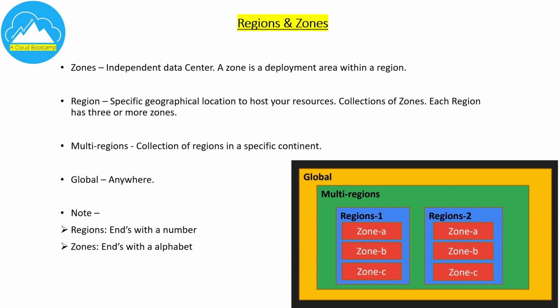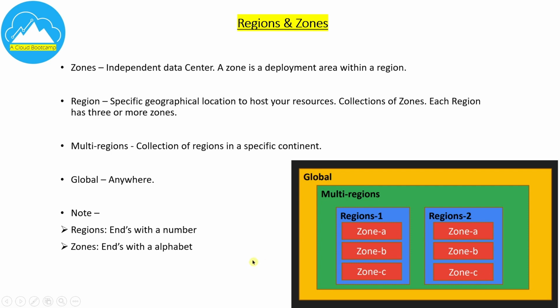One important point to note, considering the GCP certifications: just by looking at the naming convention, you can tell whether it's a region or a zone. The tip is that a region always ends with a number, so you can see region-1, region-2, and zones always end with an alphabet letter, so zone-A, zone-B, zone-C, something like that.